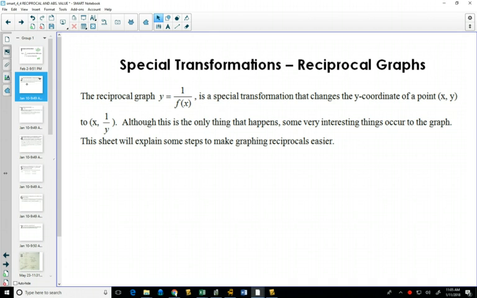So we're going to graph the original function on the bottom, just look at the y values and change them to 1 over y. That seems relatively simple, but the problem with reciprocal graphs is some crazy things happen. We have a lot of non-permissible values and asymptotes, and the graph ends up looking really strange at the end.